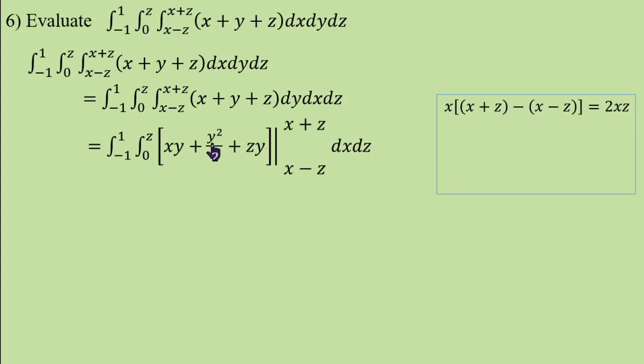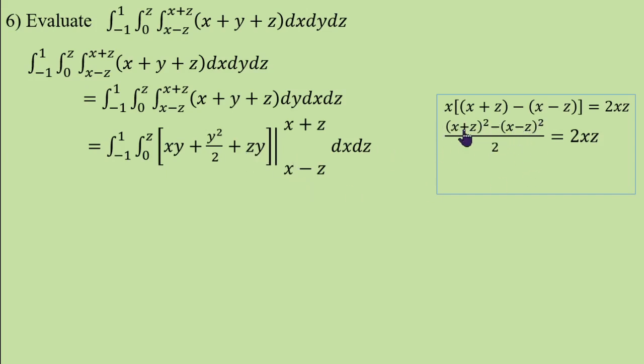Next one is y square by 2, y is x plus z upper limit, lower limit x minus z, therefore 1 by 2 into y square, x plus z square minus lower limit x minus z square.